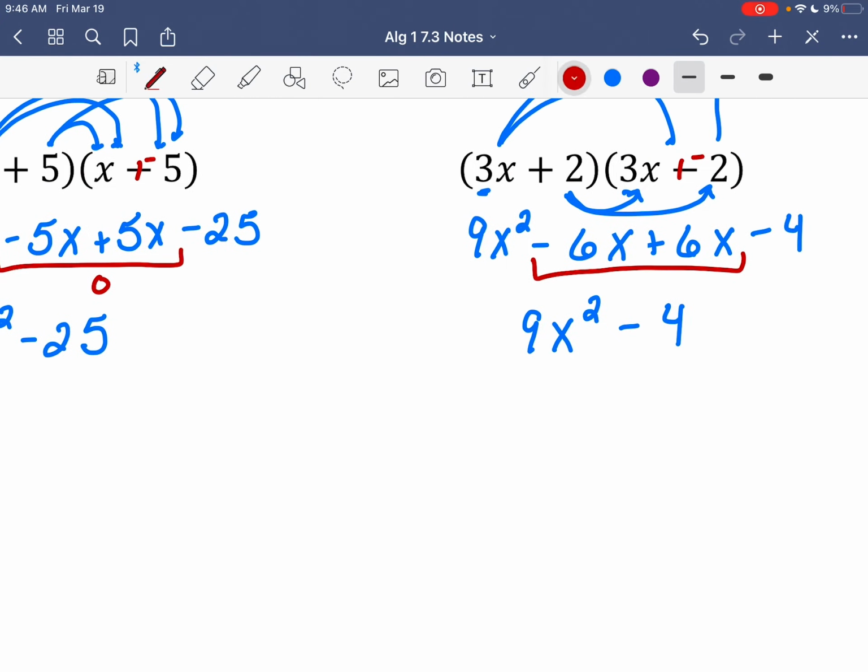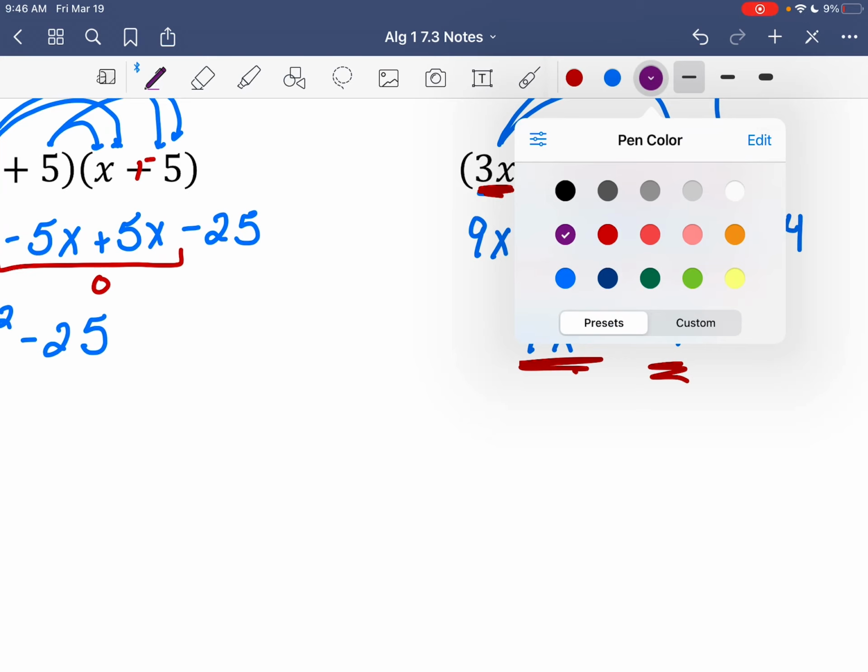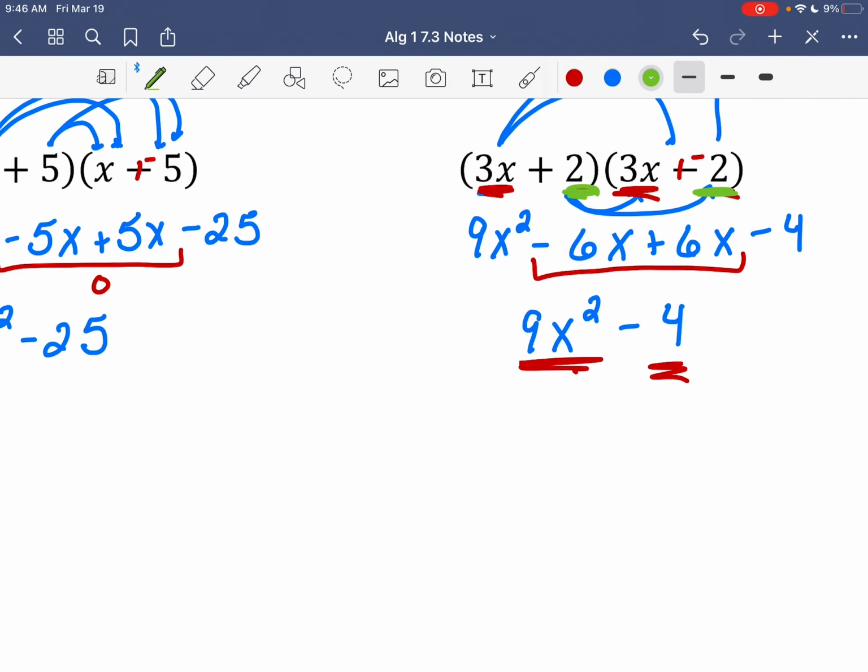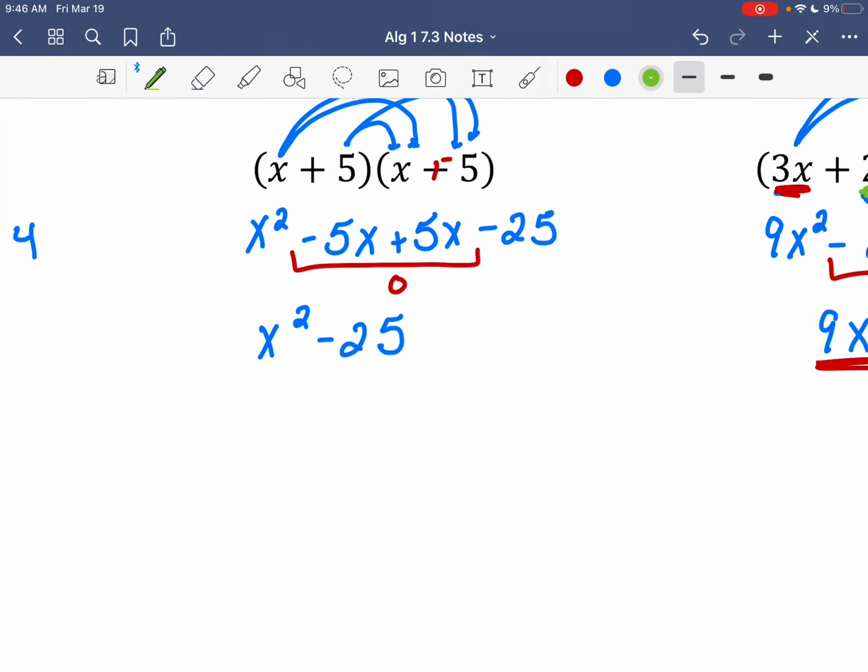And the first term, this 9x squared, just came from taking this 3x times itself. And the last term came from taking the positive 2 times the negative 2. This positive 2 times negative 2 got me this negative 4. So I really don't have to worry about those middle terms.